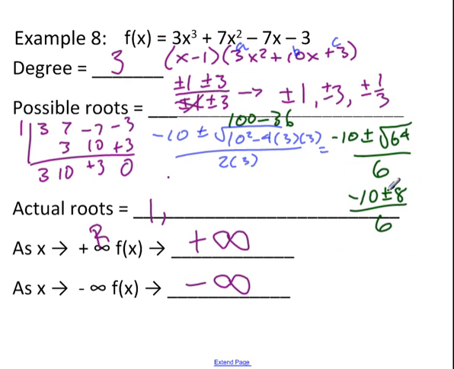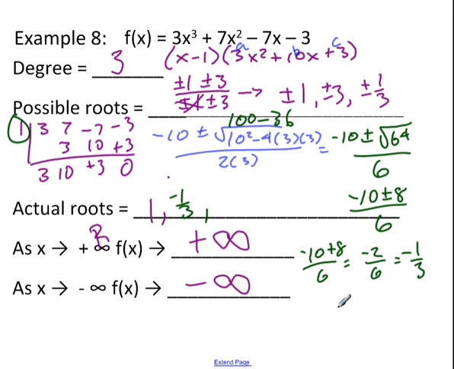So we got our 2 different problems to do. We've got to do -10 plus 8 and -10 minus 8, divide both of them by 6, and see where we are. -10 plus 8 over 6 is going to be, what's that, -2 over 6, which is -1/3. Hey, look at that. 1/3 was a possibility. So if we would have plugged -1/3 in here instead of 1, it would have worked.